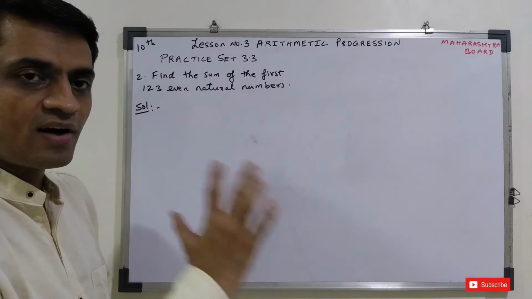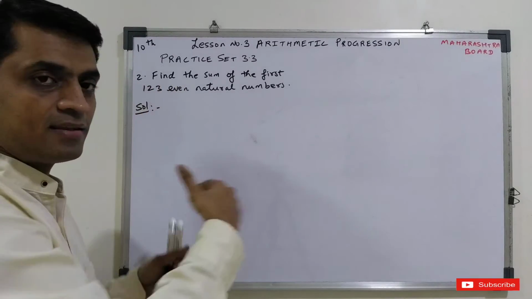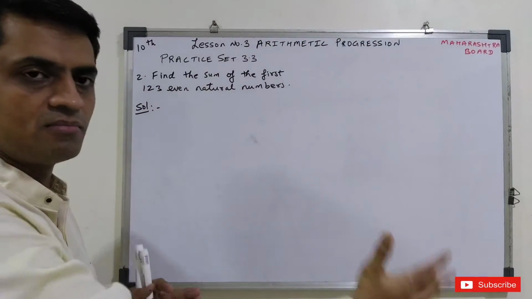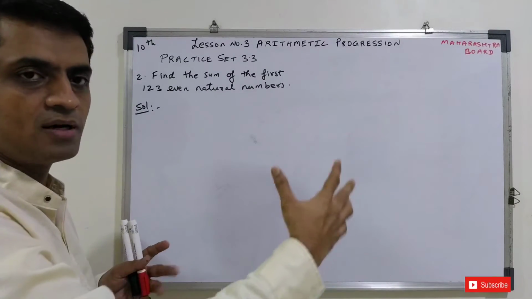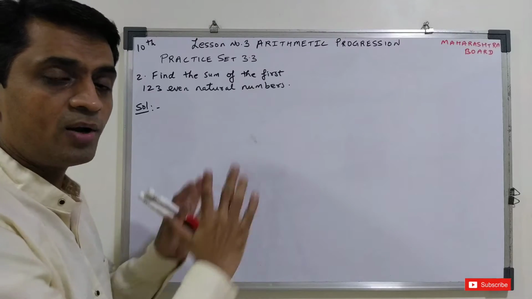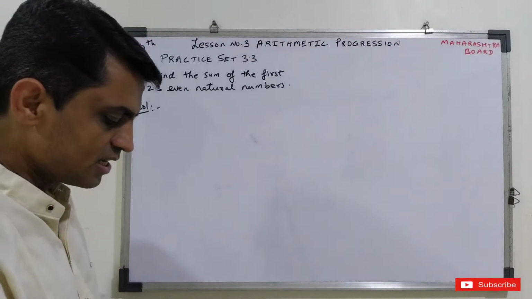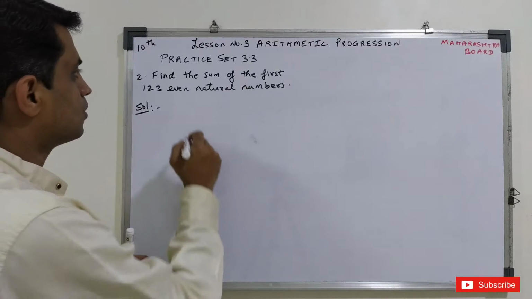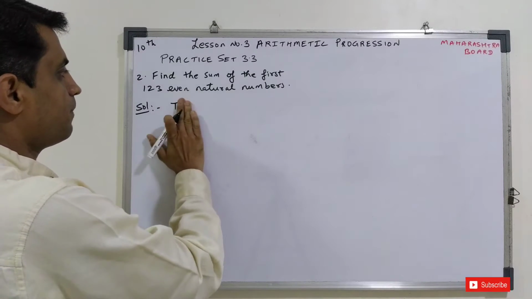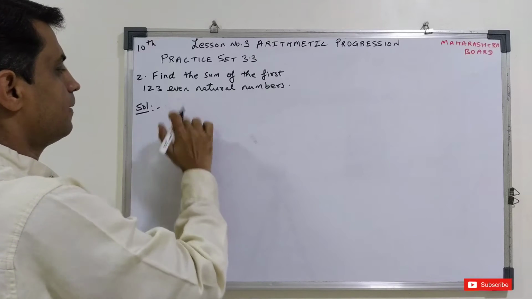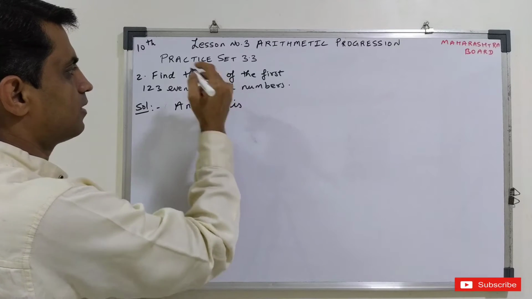Second sum, students: find the sum of the first 123 even natural numbers. They ask you to find the sum of the first 123. So 123 are the total numbers, even numbers. 123 is not a number in the AP, it is the total number of terms in that AP. First 123 numbers. So let us form the sequence. An AP is what?